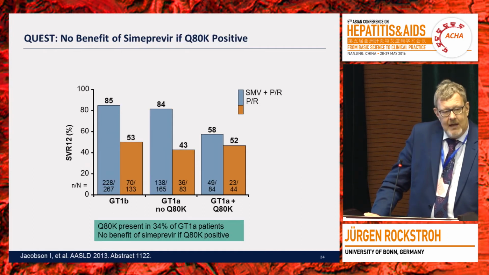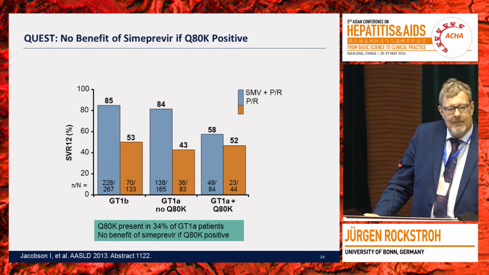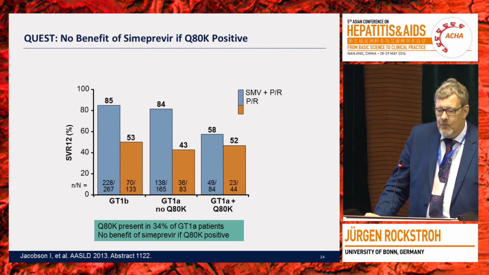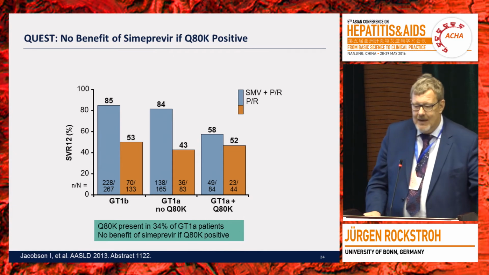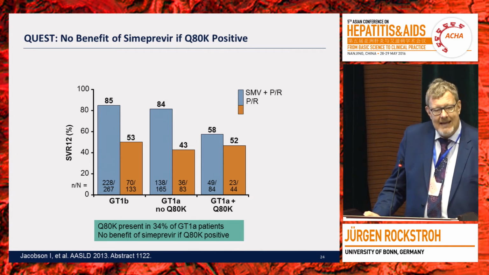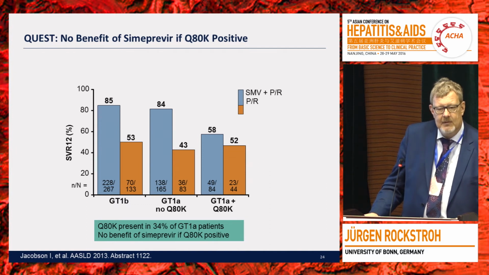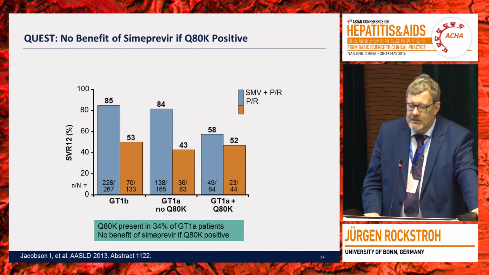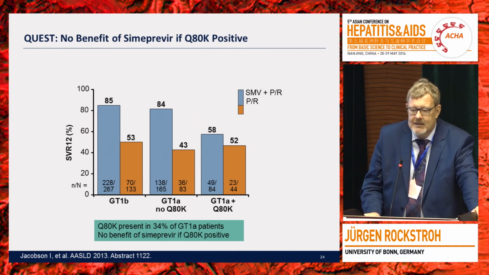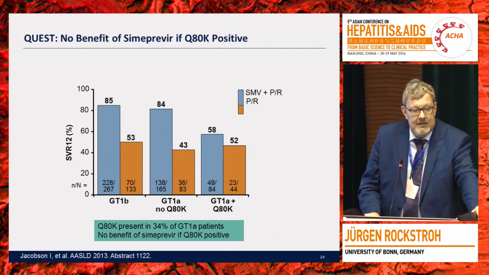Looking at the QUEST trial, which was addressing the efficacy and safety of simeprevir plus PEG and riba versus PEG riba alone, you can see that if you had genotype 1A and the presence of the Q80K mutation, note that that can be found in relatively high frequency in the North American patient population, it's somewhat lower in the European patient population, but you can see that the cure rates or SVR rates were only 58%, and that was only 6% better than PEG riba.